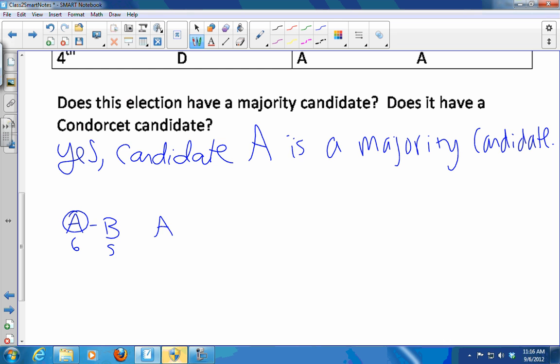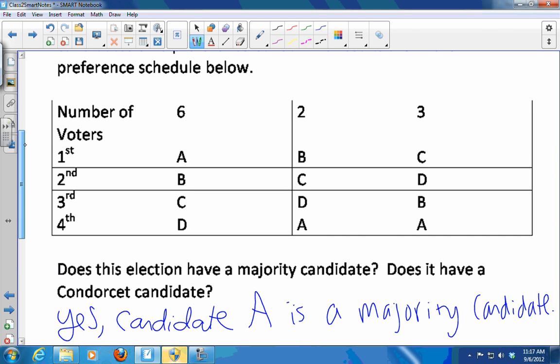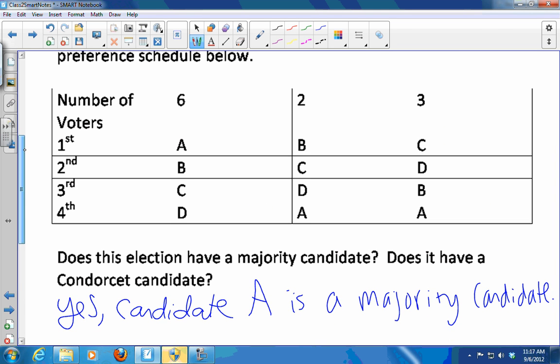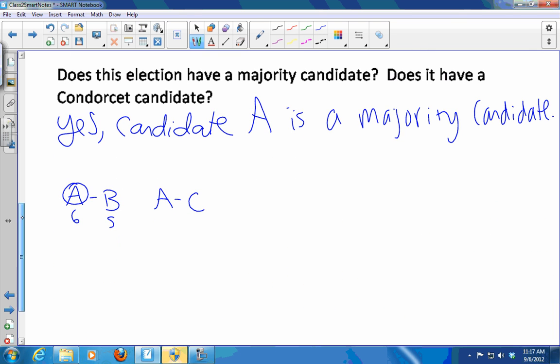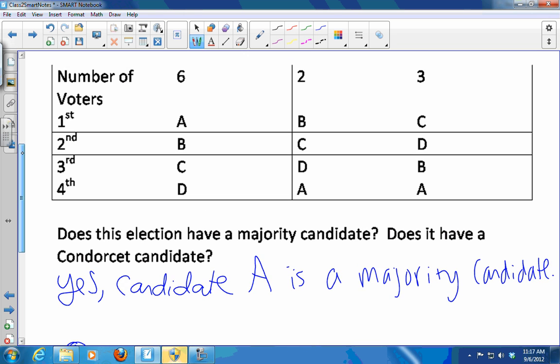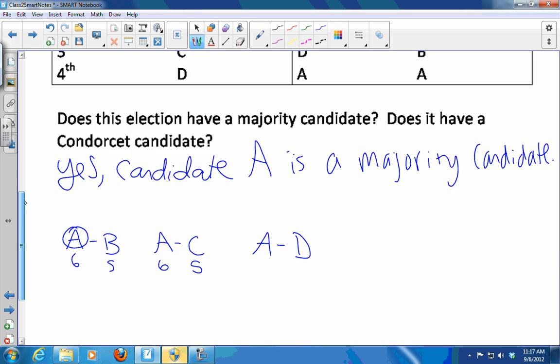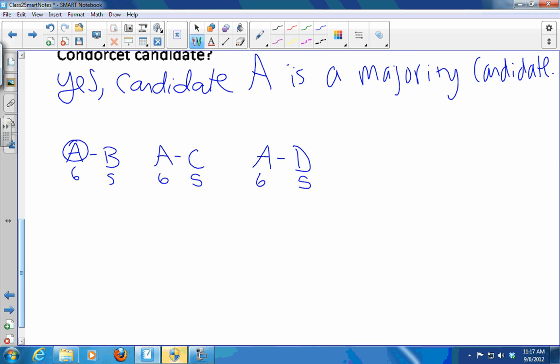And if I do A against C, it is again 6 to 5. And A against D, it is again 6 to 5. So A wins all of their head-to-head matchups. A is a Condorcet candidate.